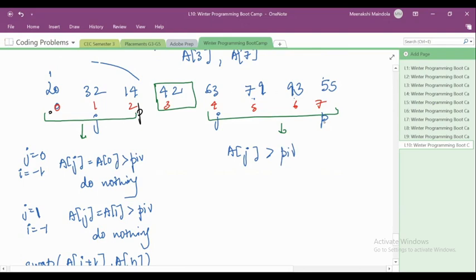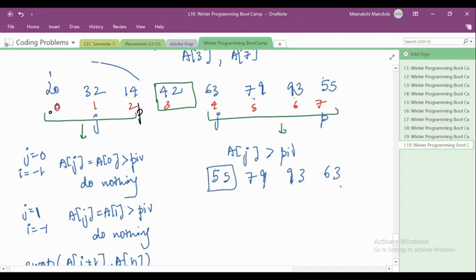All three values are greater than the pivot element, so no change in this array occurs, and after the j loop ends, you swap these two values, bringing the pivot to its correct position. So 55, 79, 93 and 63. Okay, so this is another recursive call wherein the pivot has come to its correct position.